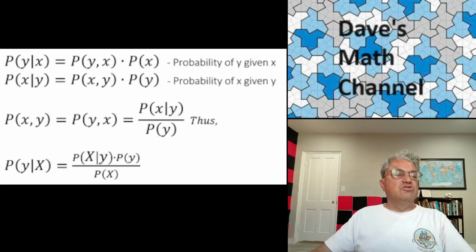But then the next thing you should notice is that the probability of x and y and the probability of y and x are the same thing, since and is commutative. You can write both as the probability of x given y over the probability of y.